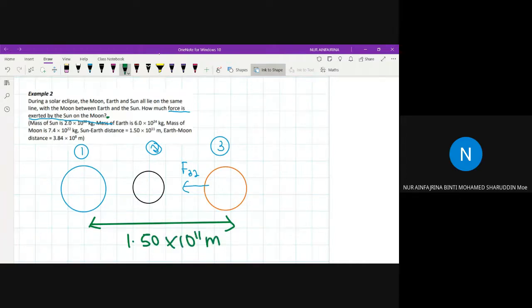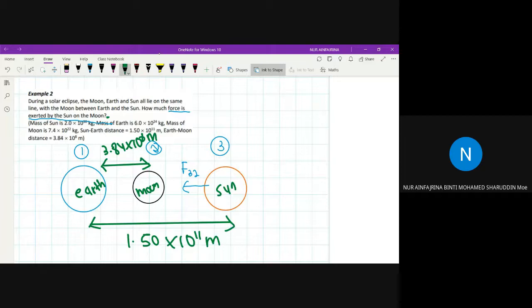So this is your sun, moon and earth. Okay? And then dia cakap earth-moon distance is 3.84 times 10 to power of 8. So this is 3.84 times 10 to power of 8 meter.